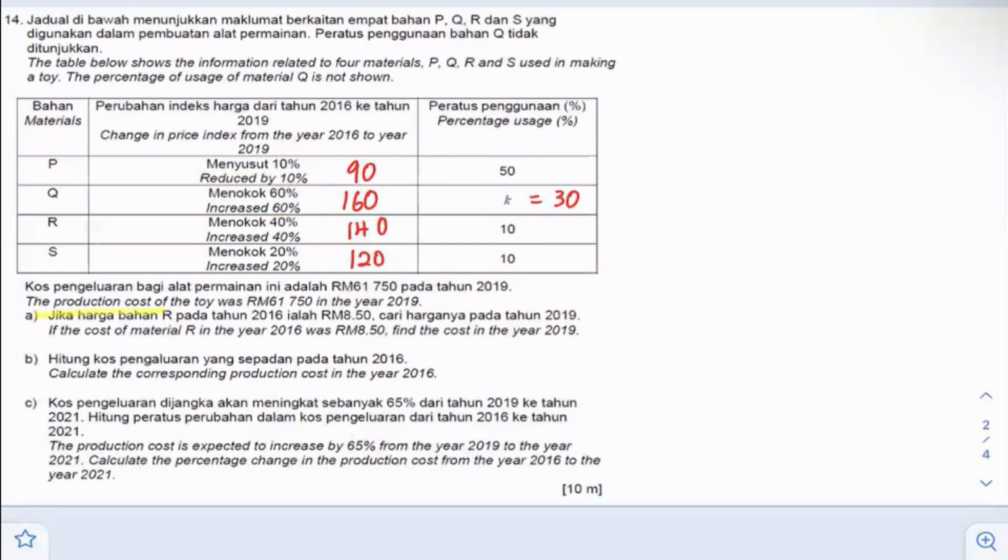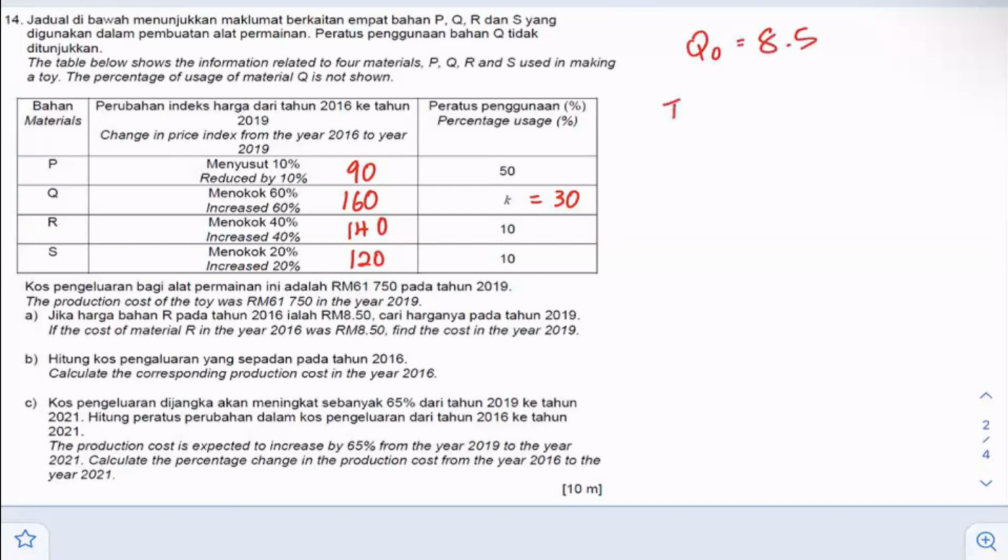The production cost of the toy was 61,750 in the year 2019. A: if the cost of material R in year 2016 was 8.5, find the cost in 2019. So the price in 2016 was 8.5, so we know Q0 is equal to 8.5.